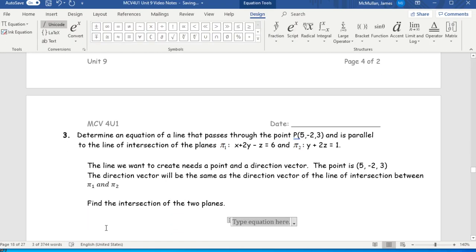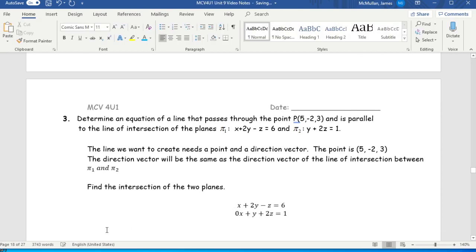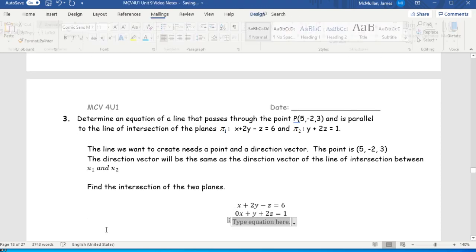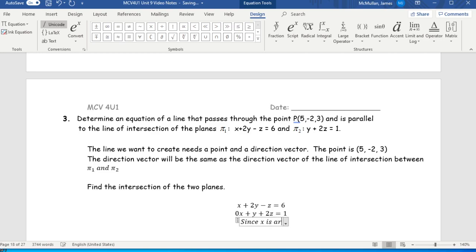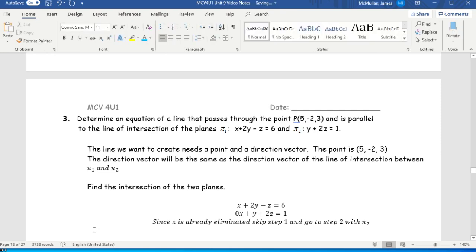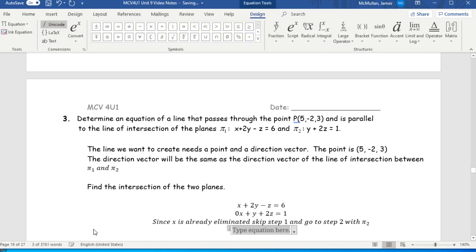Okay, so x plus 2y minus z equals 6, and 0x plus y plus 2z equals 1. Again, since x is already eliminated, skip step 1 and go to step 2 with pi 2. So the second step says y plus 2z equals 1.